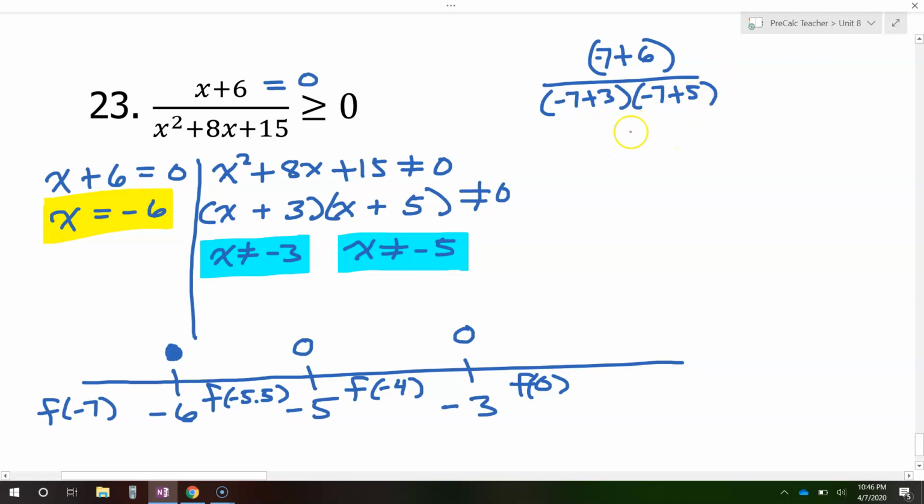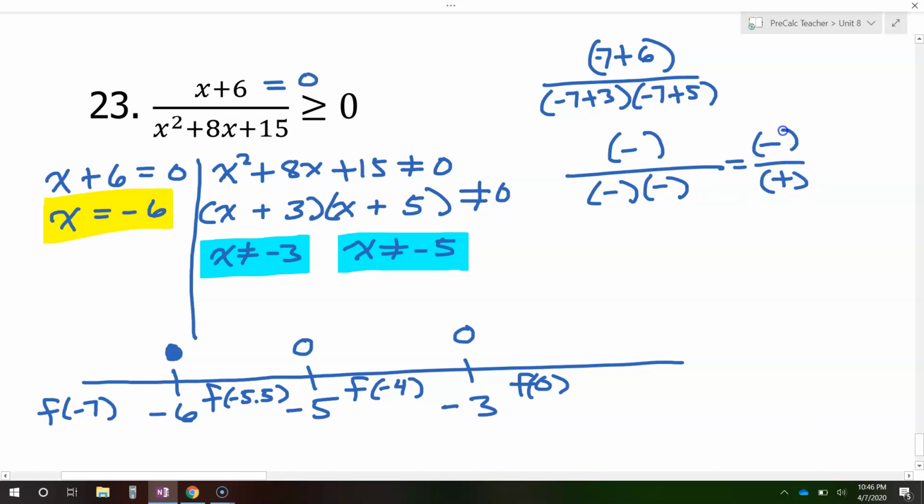Okay, so what happens? I'm going to get a negative number in the numerator. So I'm going to have a negative, and then I have negative 7 plus 3. So that's going to be another negative. Then I have negative 7 plus 5. So that's going to be another negative. But a negative times a negative is a positive.